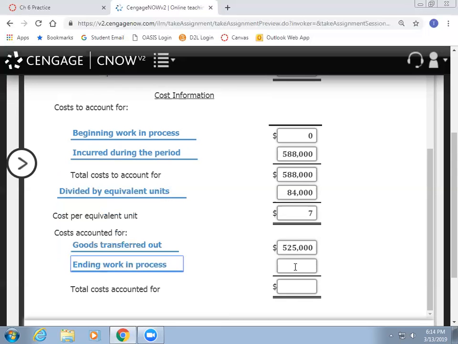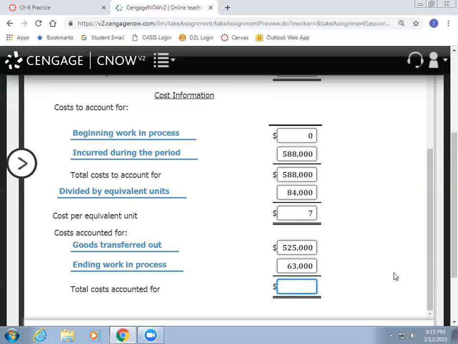And then the ending work in process had equivalent units of 9,000, $7 each. So what, 63,000? So $63,000 are going to stay in that work in process and become beginning costs in the next period. And we just add those together to make sure we reconcile and that we've accounted for all $588,000.